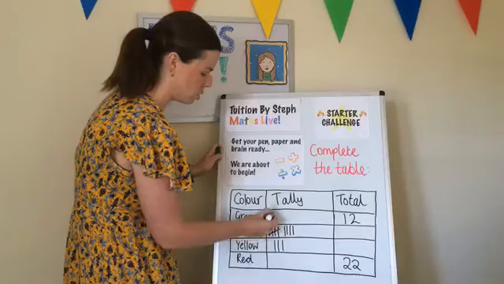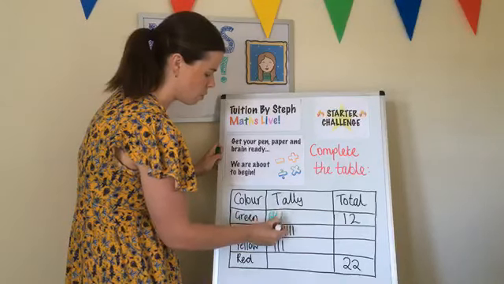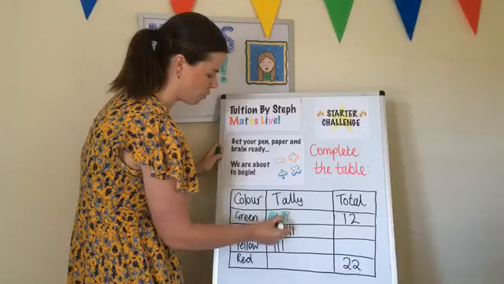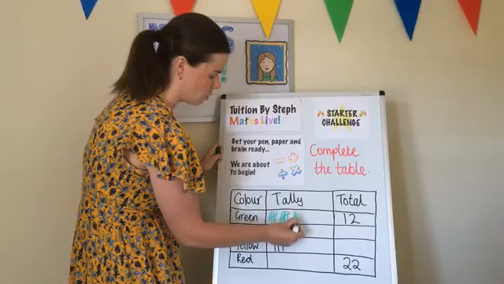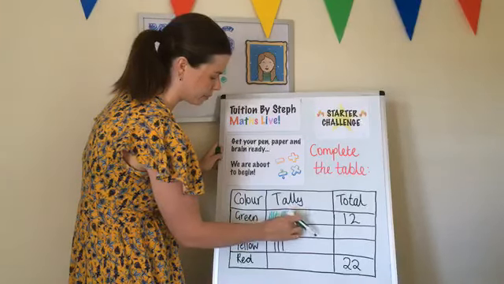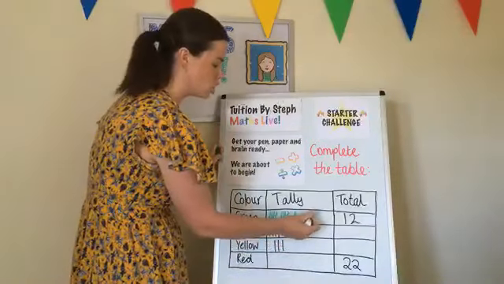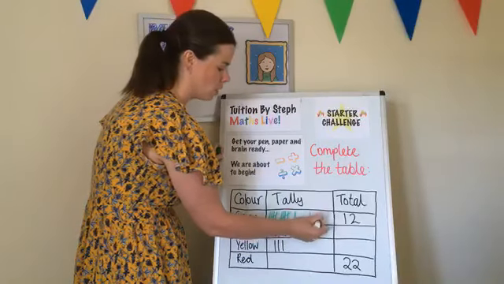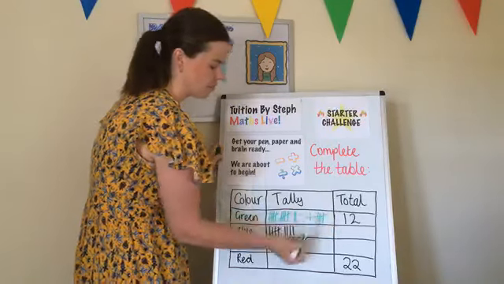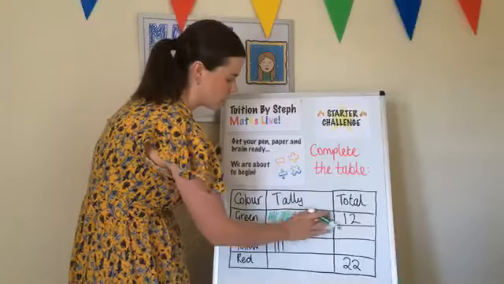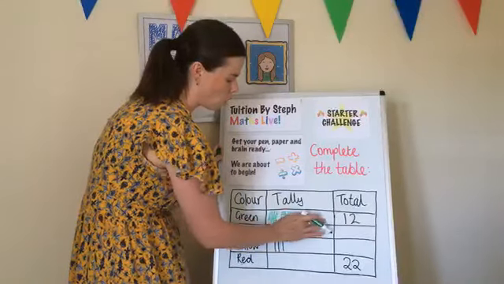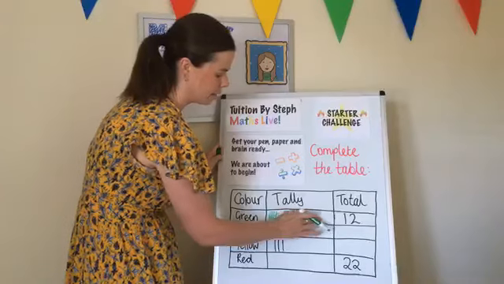So 1, 2, 3, 4, 5. 1, 2, 3, 4, 5. 1, 2, 3. Oh, I want 2 there, don't I? When I mean keep them the same, you don't want a tally that's uneven. That doesn't work. If you did that in a question, that would be wrong because you haven't shown it clearly.